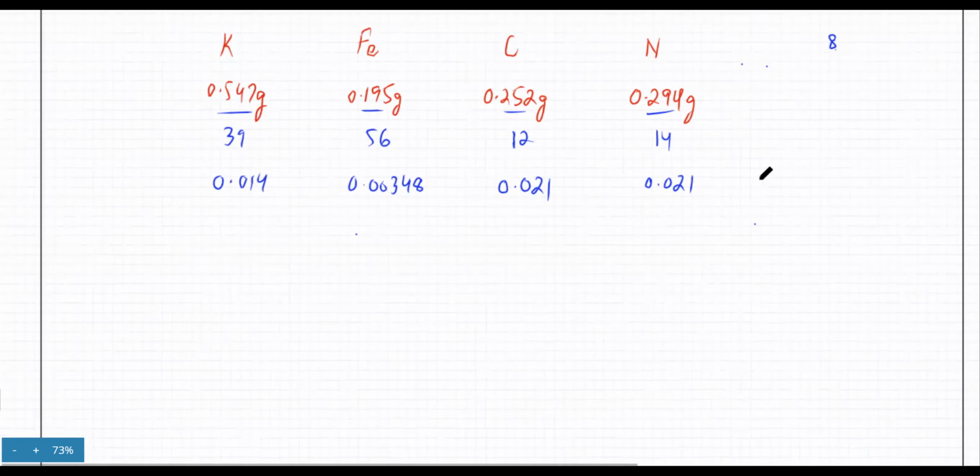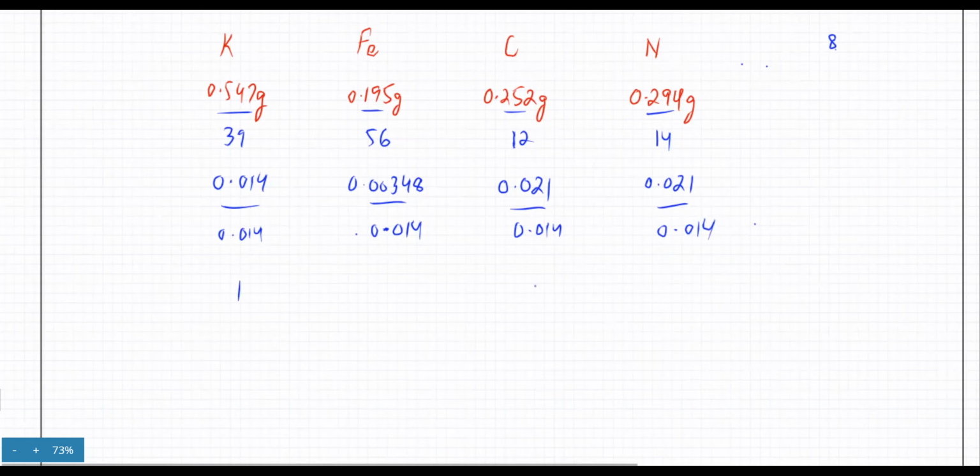ठीक है. Divided by the smallest, so everything will be divided by 0.014. So when you do that, what do you get? The first one is 1.